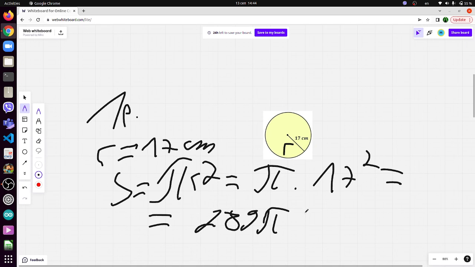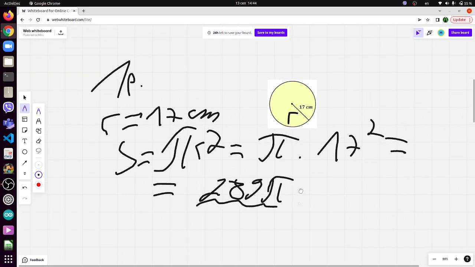That's our answer. We could calculate 289 times 3.14 or 289 times 22/7, but we don't need it now. We can leave it like this with pi.